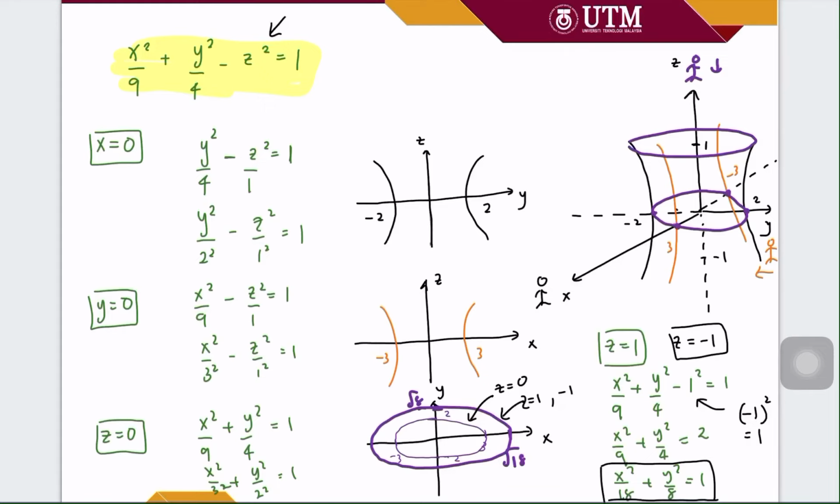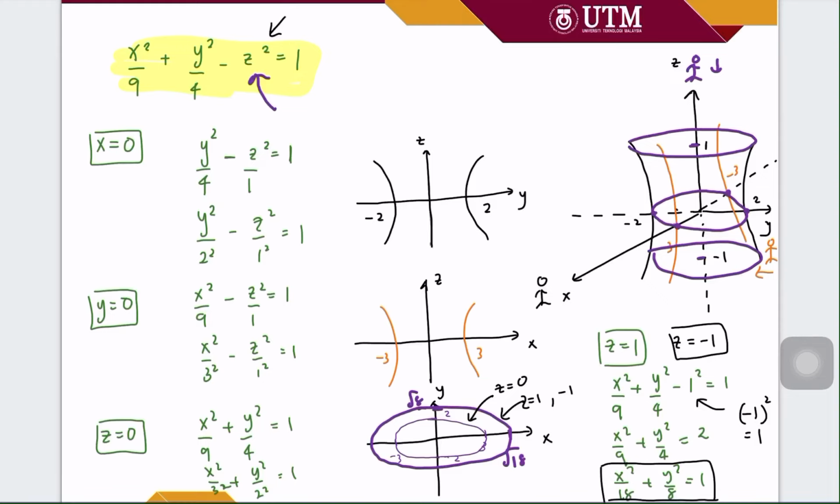Here also the same thing, the bigger ellipse that we will obtain, for z equal to minus 1 and z equal to 1. The equal shape. You need to look back at this one. The equation has z squared, so that's why if we substitute the negative one, we still get the same thing. But normally in the exam they will give you the value for the contour that you need to sketch.